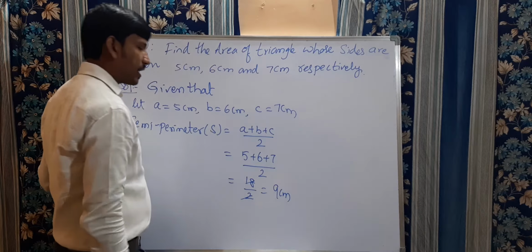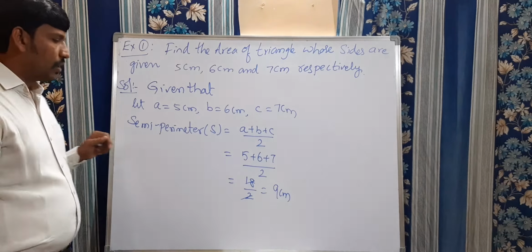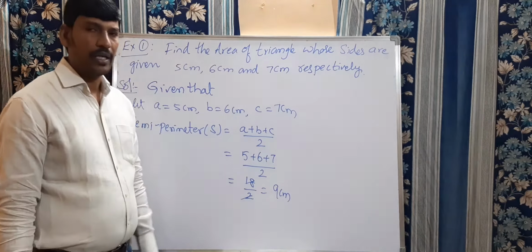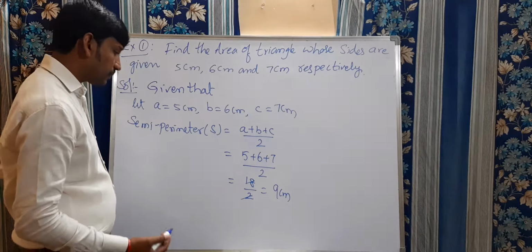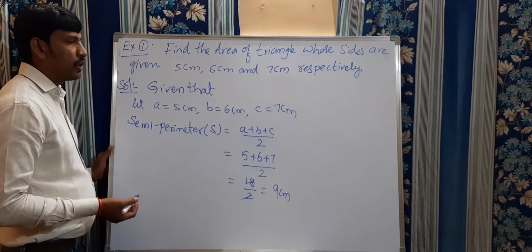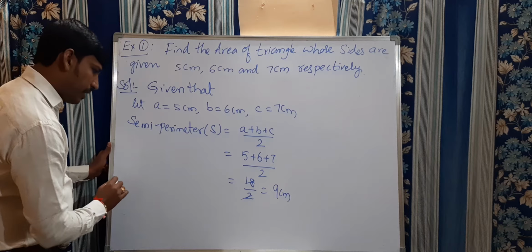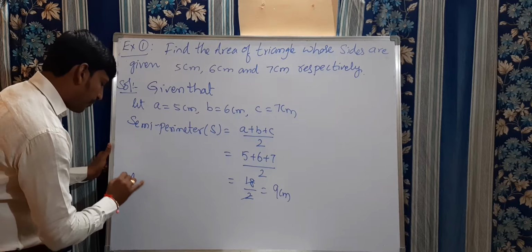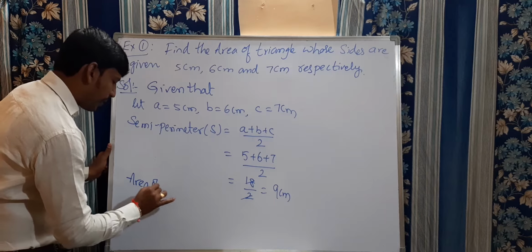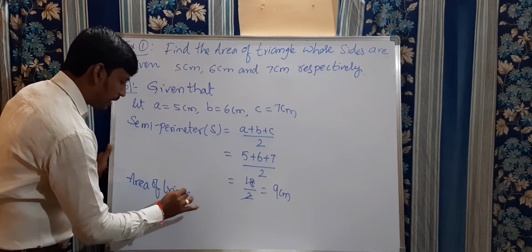So that is the s value. Now we got the s value as 9 centimeters. Now to find the area, the area of the triangle is equal to, what is the formula here? Heron's formula.